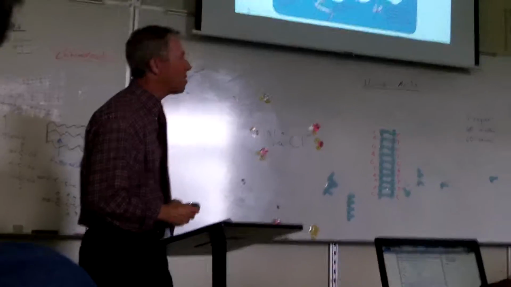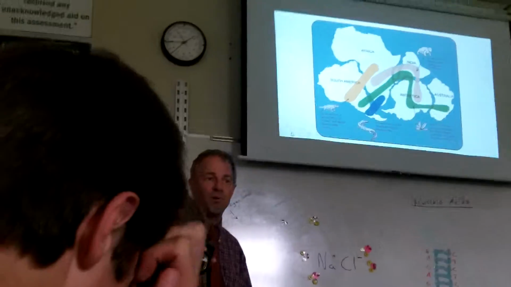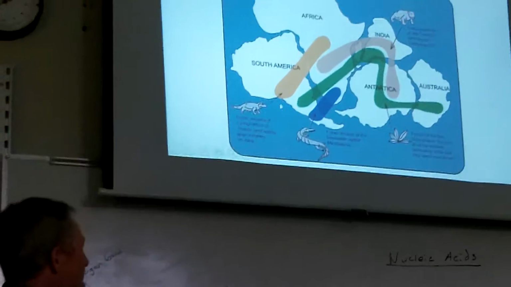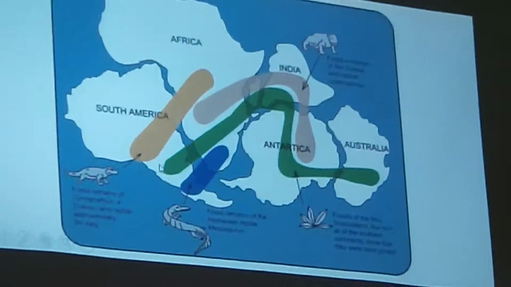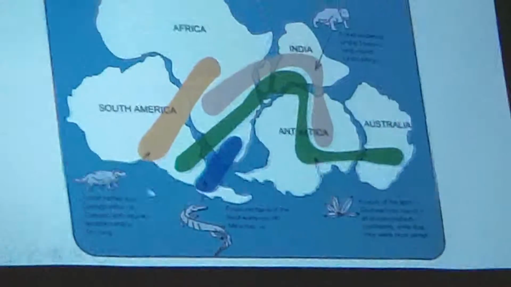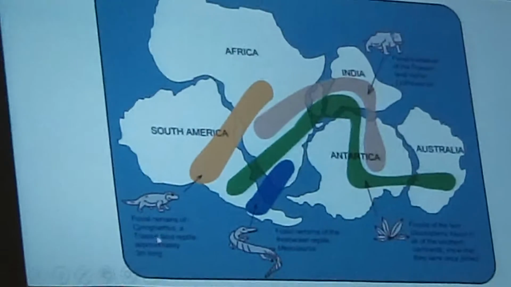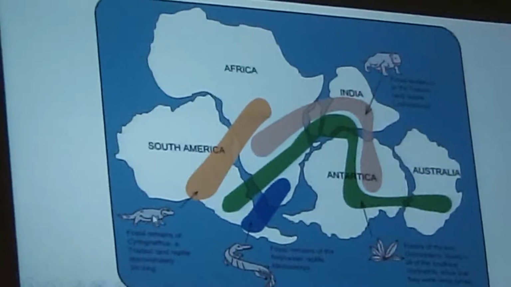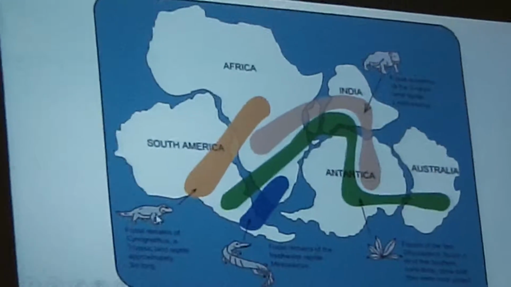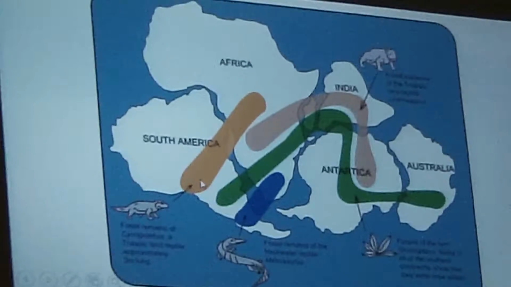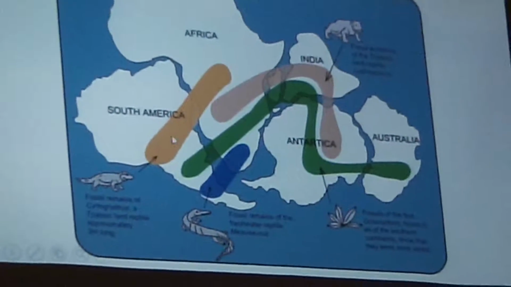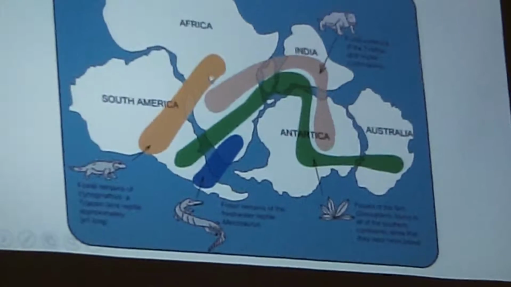So here's some of Wegener's proof that the continents actually move. When you look at fossils, Wegener looked at a lot of fossil evidence. So here's this fossil, Cynognathus, a kind of early dinosaur, and you find its fossils in South America and in Africa, in this location right here.